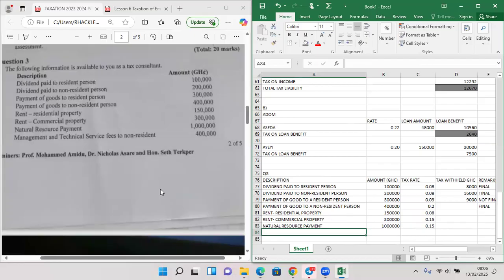Then management and technical service fees, non-resident.